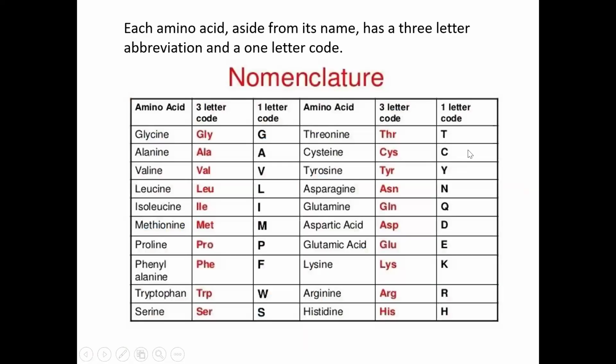So each amino acid, aside from its name, has a 3-letter abbreviation and a 1-letter code. Each amino acid has the full name, the 3-letter abbreviation, and also the 1-letter code.